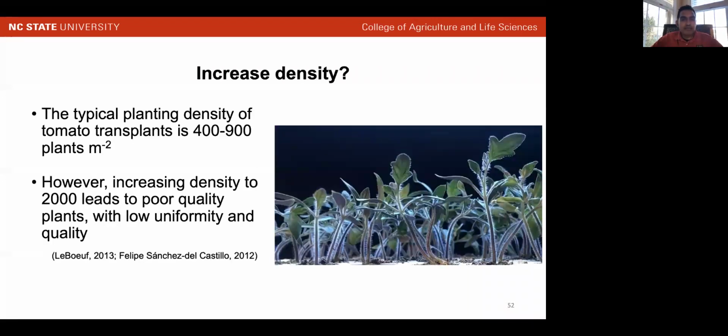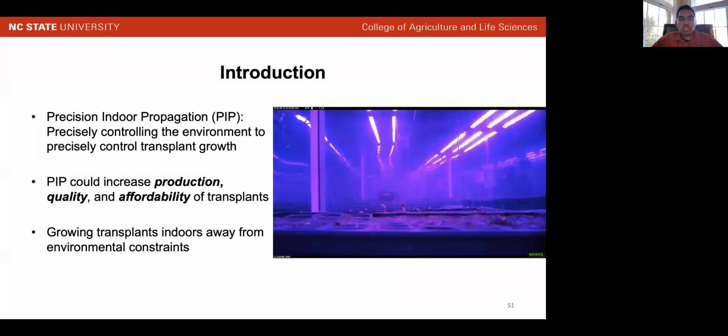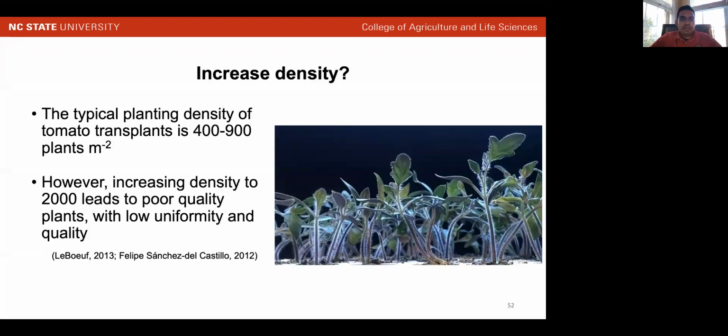However, typically energy is one of the main cost factors. So if we can feed more plants in the same area and still maintain good plant quality, then the energy cost may be lower.